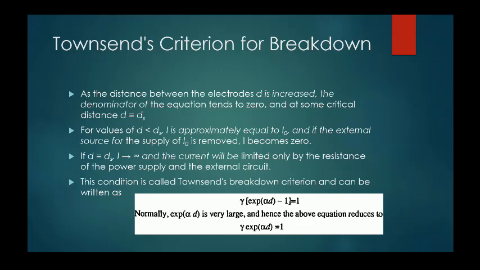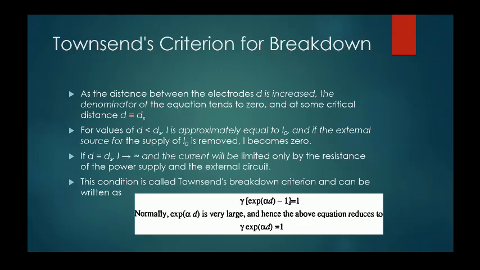For values of d less than ds, I is approximately equal to I naught, and if the external source for the supply of I naught is removed, I becomes 0. That means without this voltage there is no current.